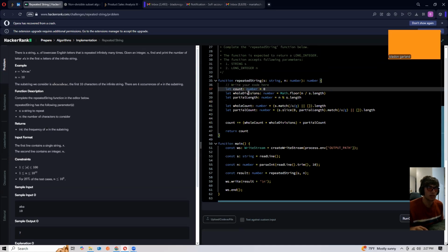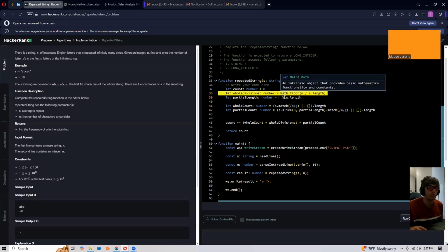We also initialize a whole division, which I would argue is very necessary. Although you could technically throw all of this on one line and not reuse it, because we're not going to reuse the whole divisions variable anywhere. So you could throw it on one line and use it to build whole count. But I just think that being able to separate these makes debugging easier.